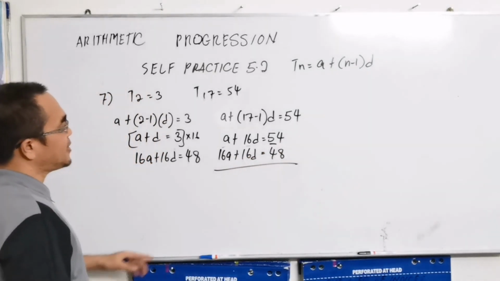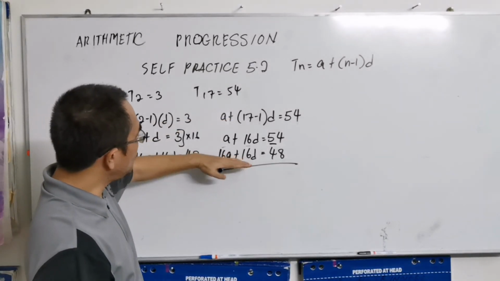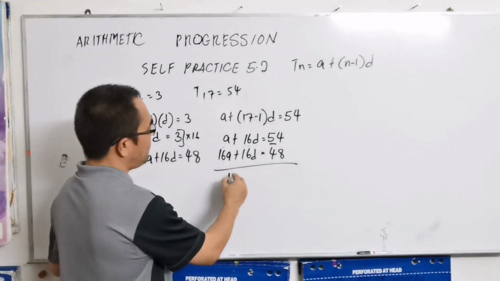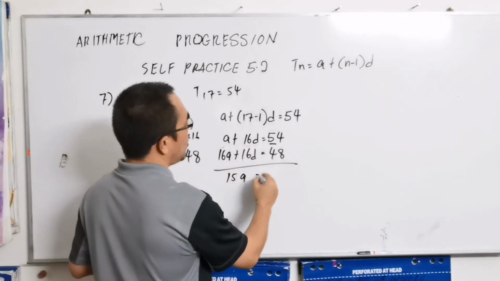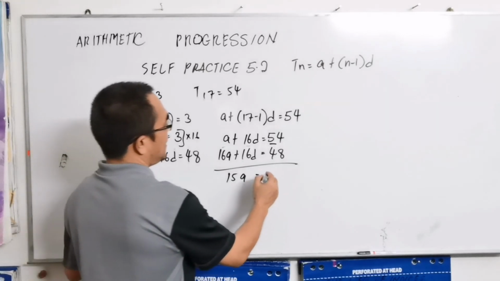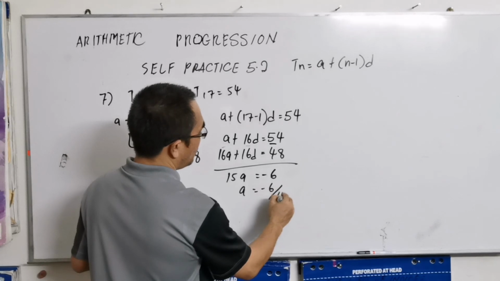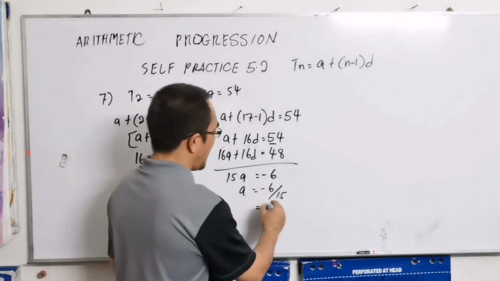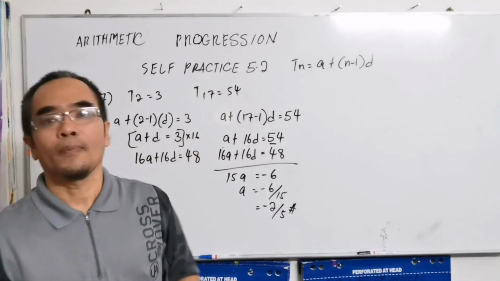So instead of 1 minus 2, I will do 2 minus 1. 16A minus A will be 15A. 16D minus 16D will be 0. 48 minus 54 will be negative 6. So A is negative 6 over 15. If we simplify that, it will be negative 2 over 5.